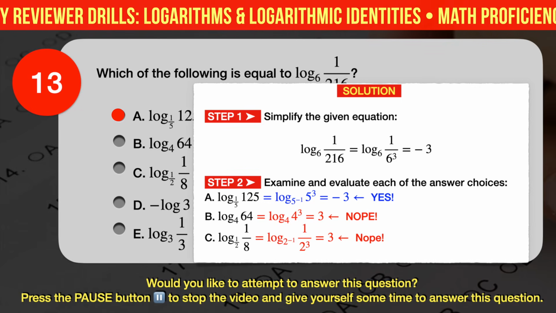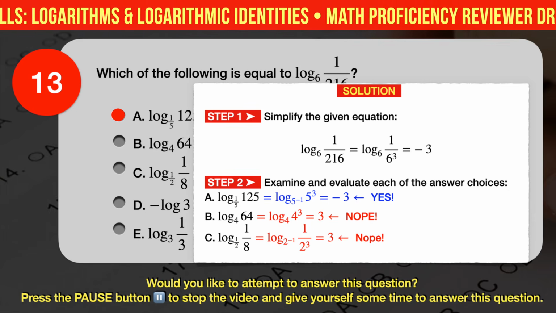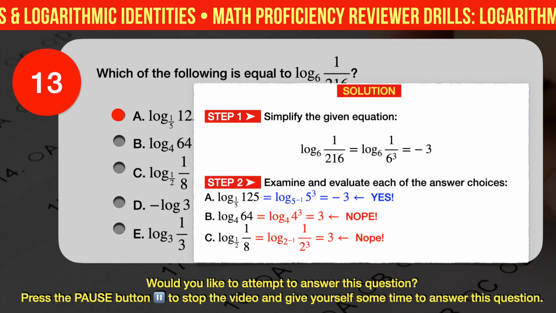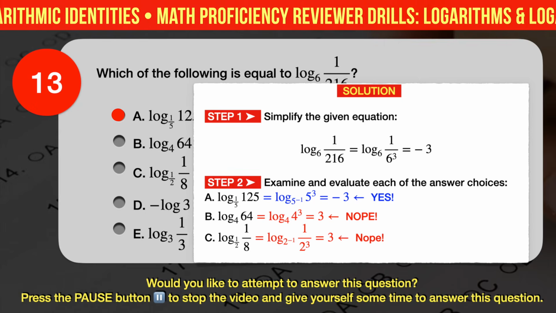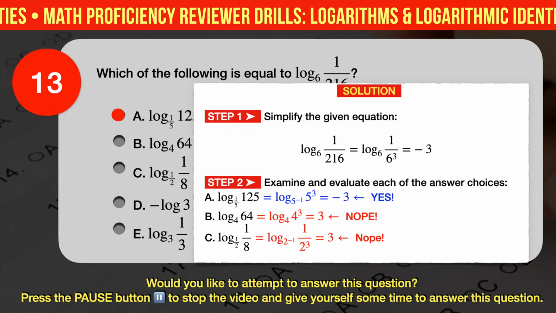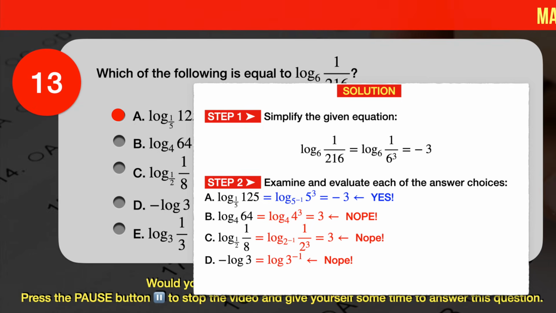Choice C. Logarithm base 1/2 can be expressed as logarithm base 2 raised to negative 1, and 1 over 8 can be expressed as 1 over 2 raised to 3. The expression will end up as equal to 3. This is not equal to our given expression, so C is not the correct answer. Choice D. Negative logarithm of 3 can be expressed as logarithm 3 raised to negative 1.